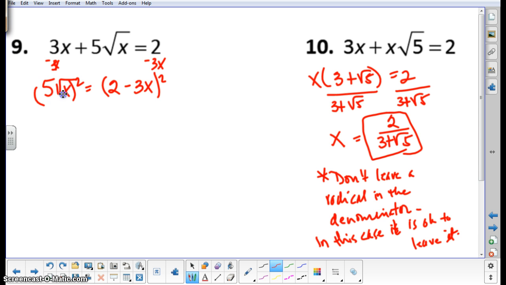When we square something like this, the square acts on both the 5 and the root. 5 squared is 25, and the root comes out of the radical as x.